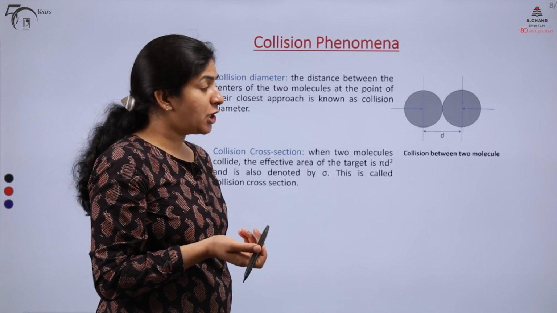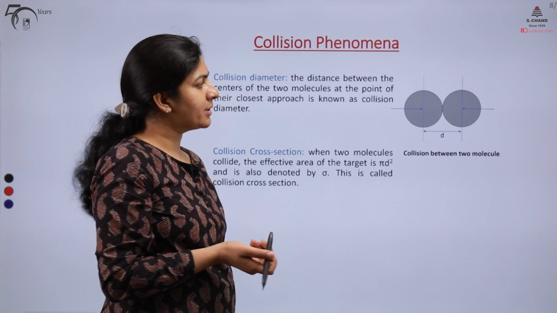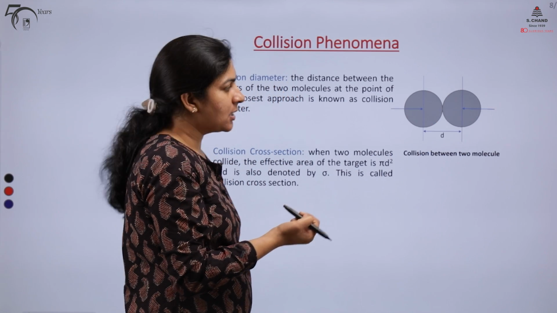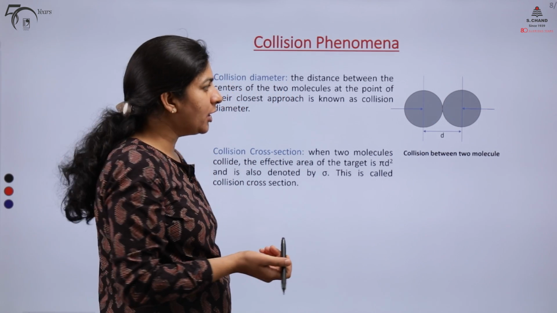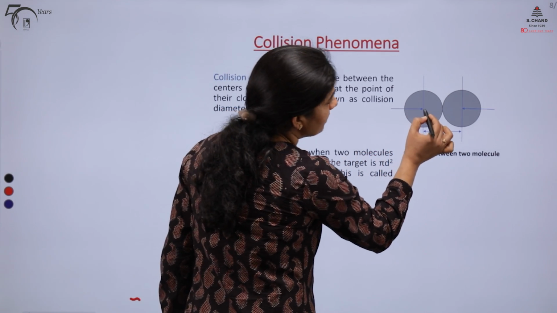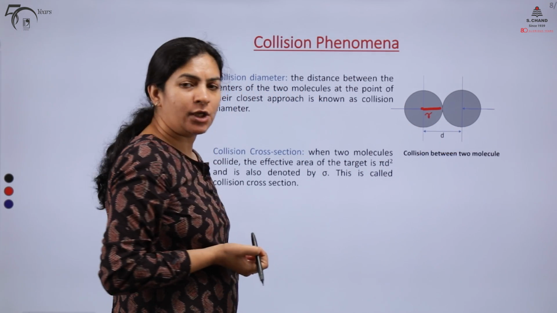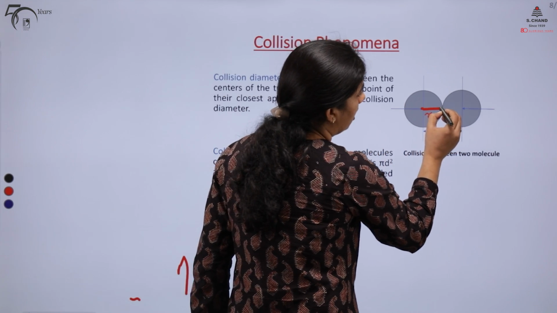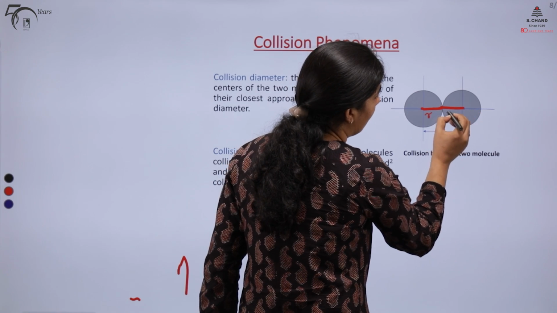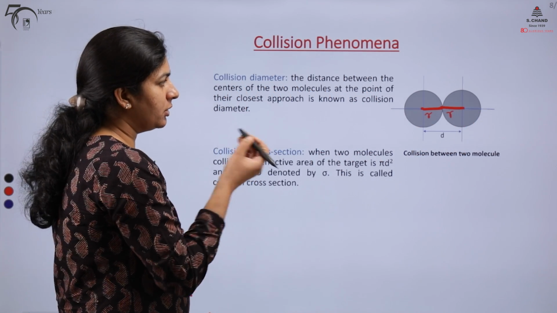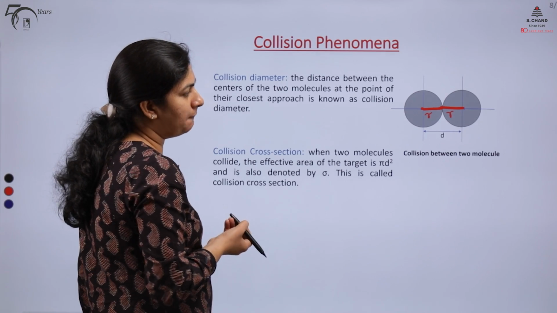As per the suggestions made by van der Waals, the gaseous molecules can be treated as hard spheres having certain volume, so this is basically the radius of this molecule, and the molecules are all the same, all of mass m, and therefore their radii will also be the same.